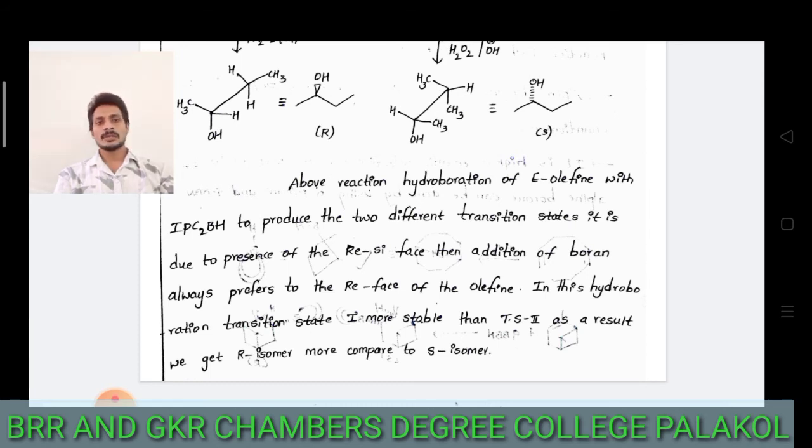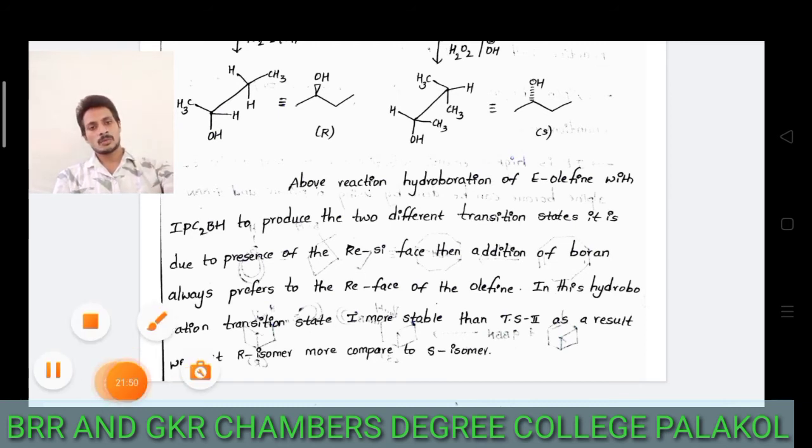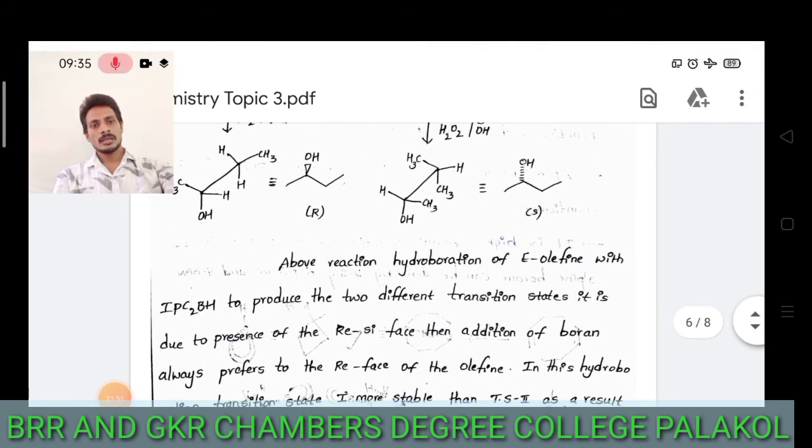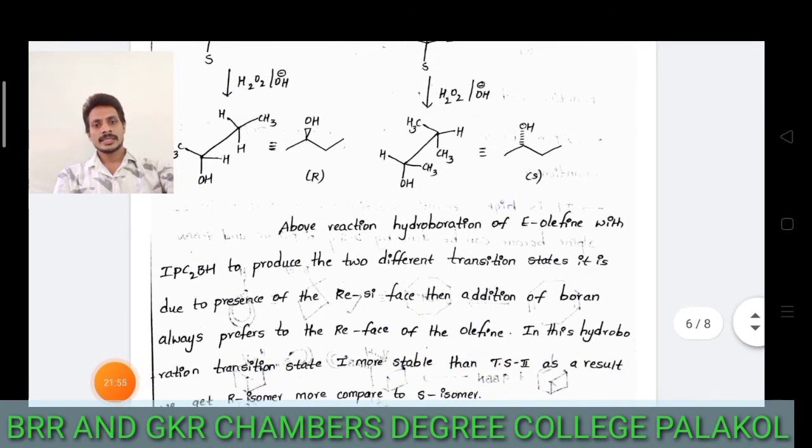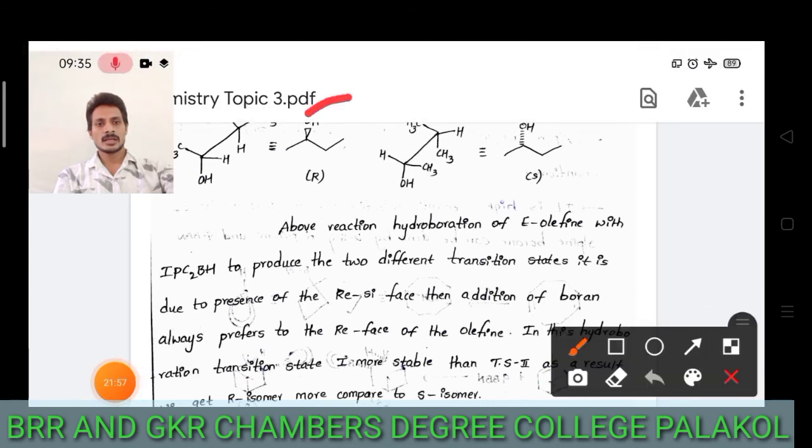chiral alkyl boranes. The two different chiral alkyl boranes are treated with hydrogen peroxide in the presence of basic medium, then it gives the corresponding alcohols. We observe that we get two different alcohols, one is R alcohol and another one is S alcohol.